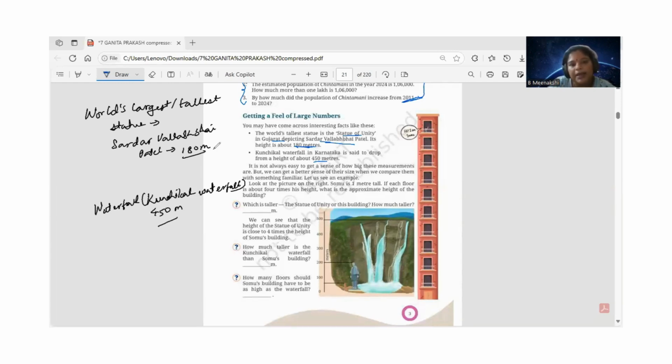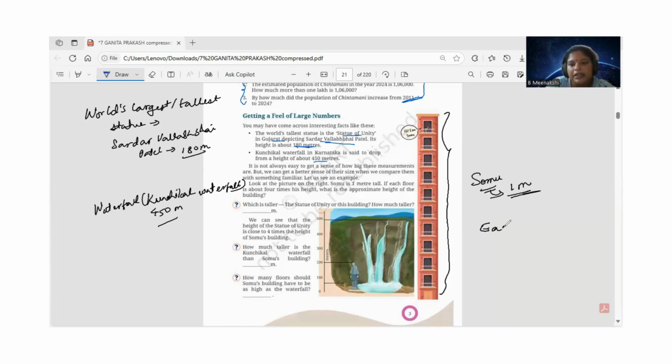Now we are going to compare these two with this building, Somu's building. Somu is 1 meter tall, look at the picture. Somu's height is 1 meter, and each floor is about 4 times his height.